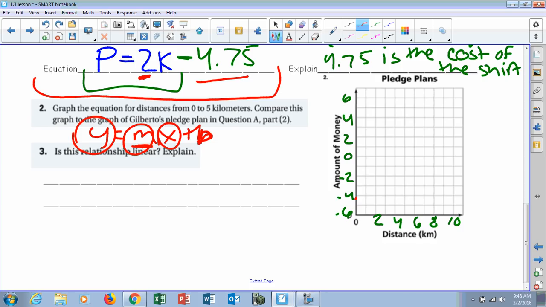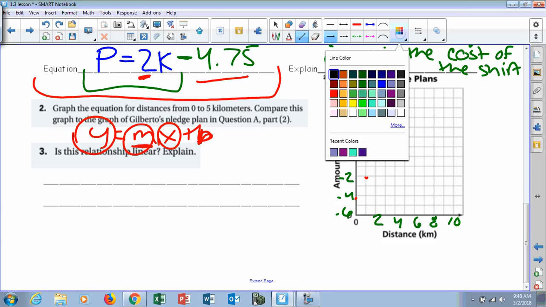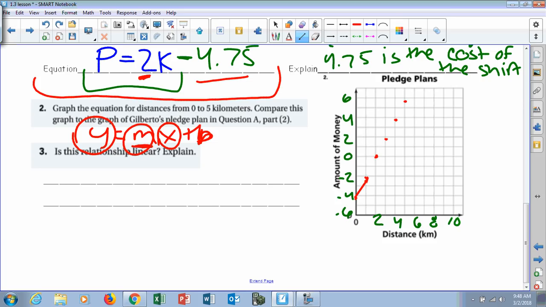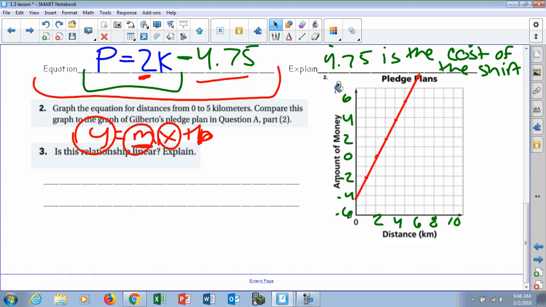So if I go 1, 2, go 1, 2, it's going to be something like so. Okay, there's my line.